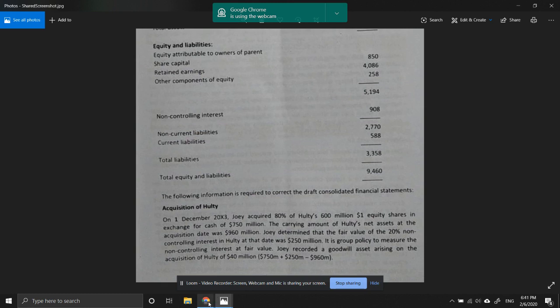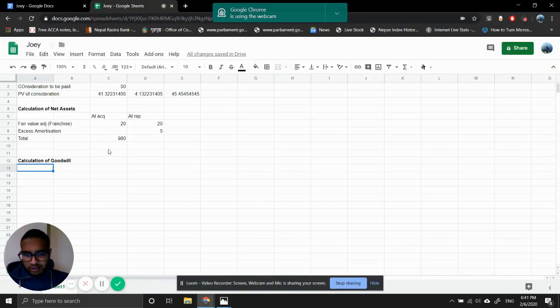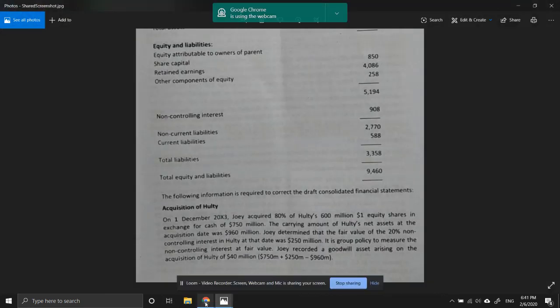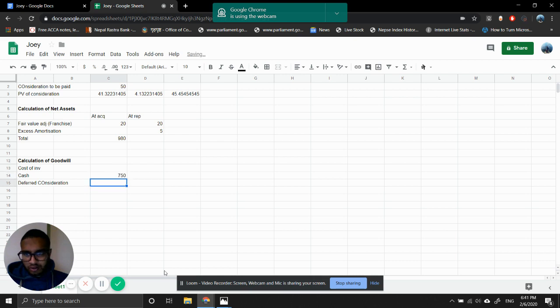Okay, so that was the acquisition. So we don't have that cost of investment, right? Investment is divided into two, cash and deferred consideration. Right, so how much was the cash? Cash, 750, right? And this figure is the present value of consideration, and then non-controlling interest. Fair value of NCI is 50.